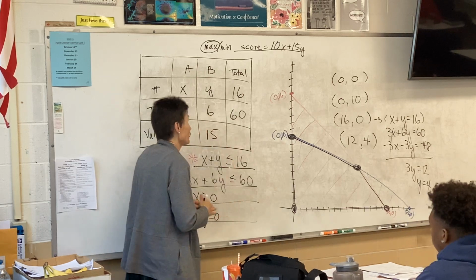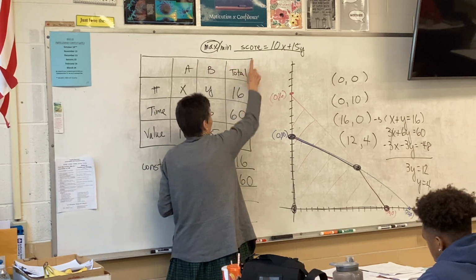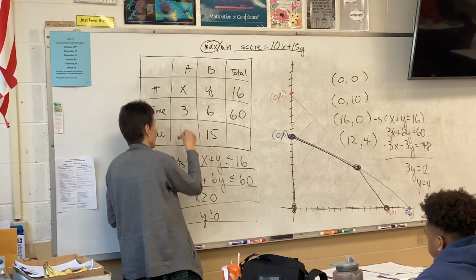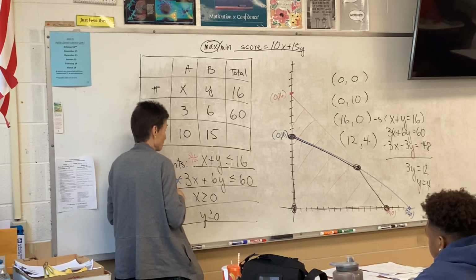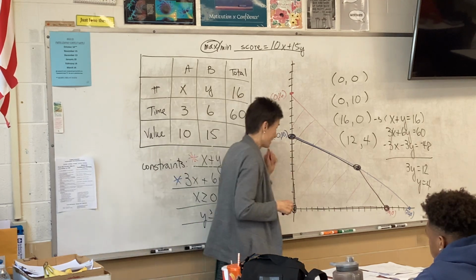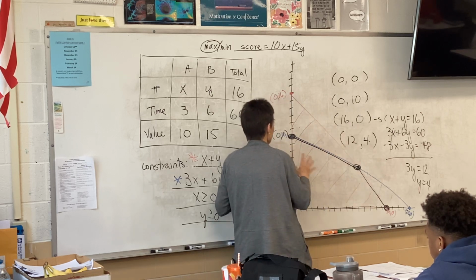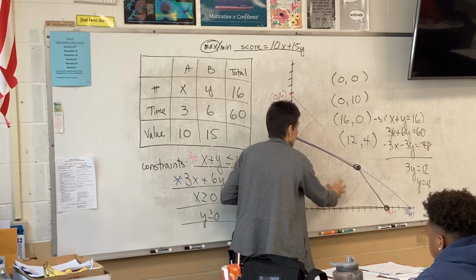We read the problem, and it said we want to maximize our score. So we figured out this is how we calculate the score: 10 points for every A, 15 points for every B. We drew a picture of everything and noticed that all the shading overlapped in this region right here.